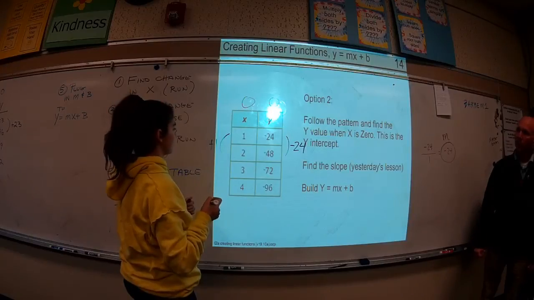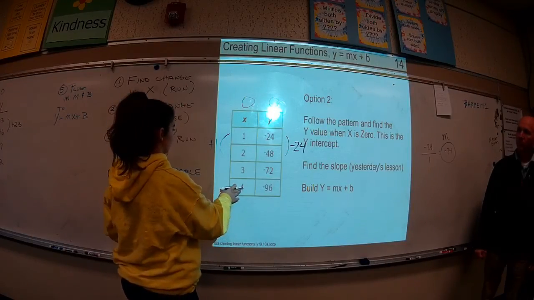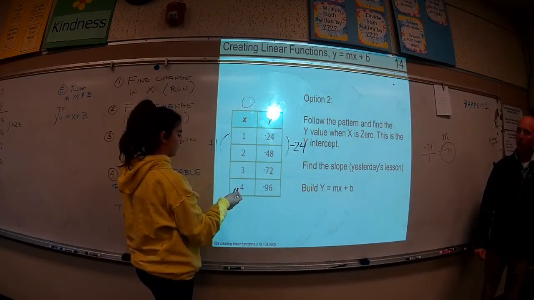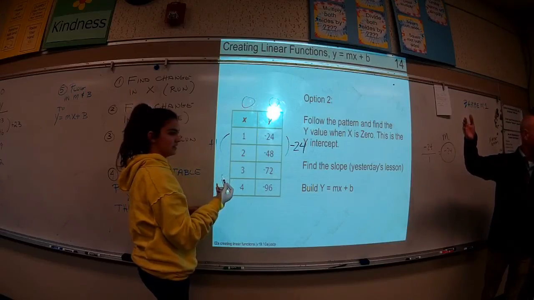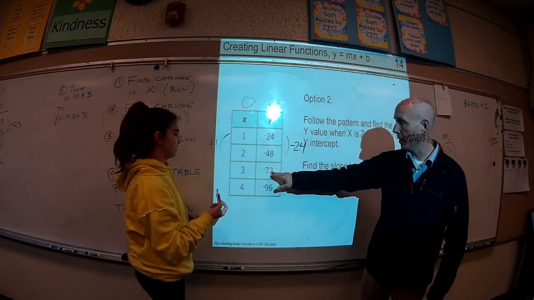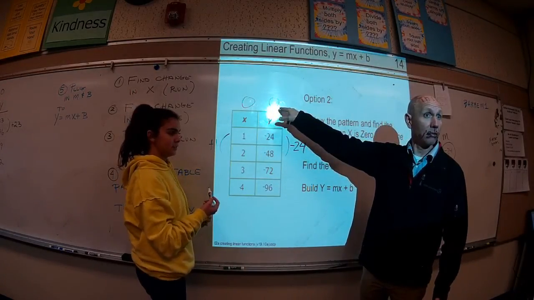How did you get that? Show me on the x first. On the x, it's decreasing. Just say the numbers: 4, 3, 2, 1, 0. And then the y: negative 96, negative 72, negative 48, negative 24. Is that the pattern? Yes.